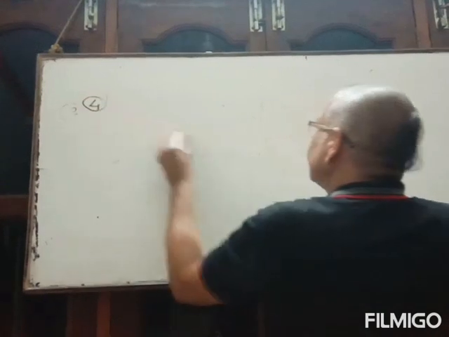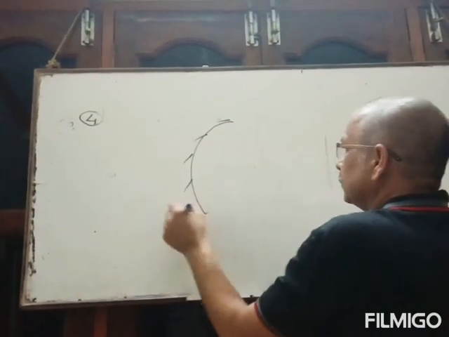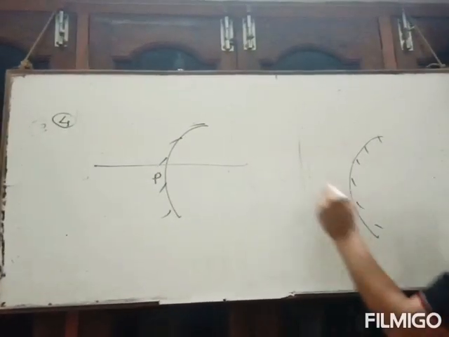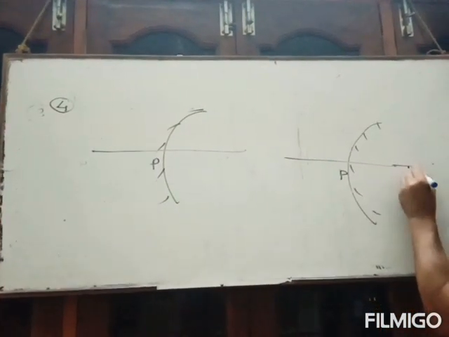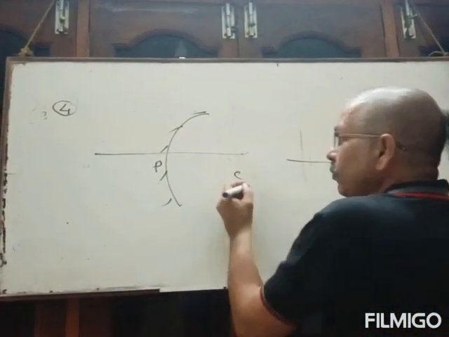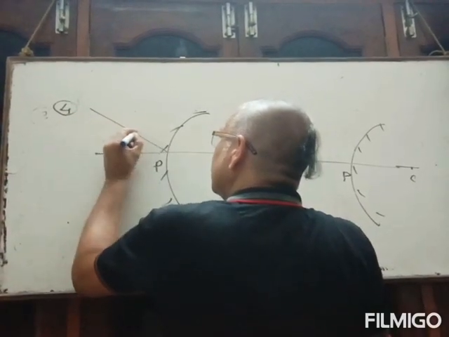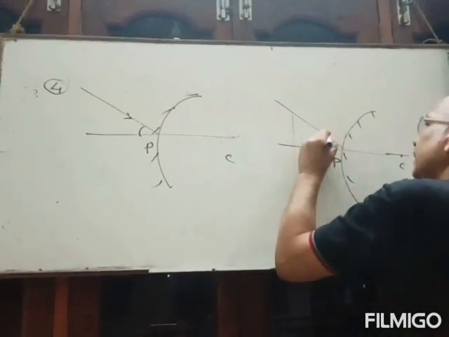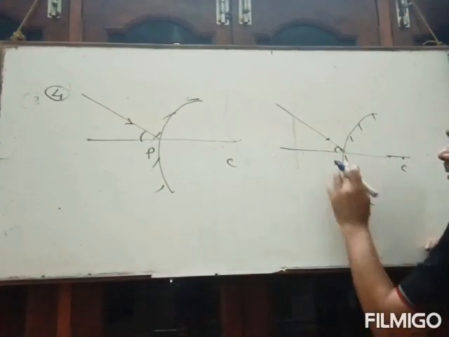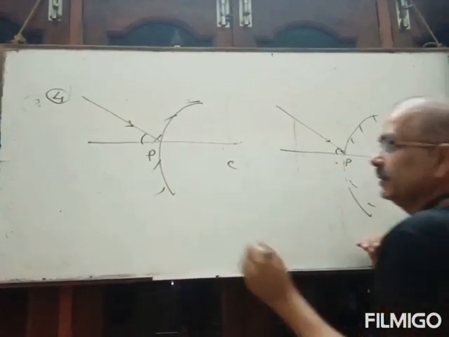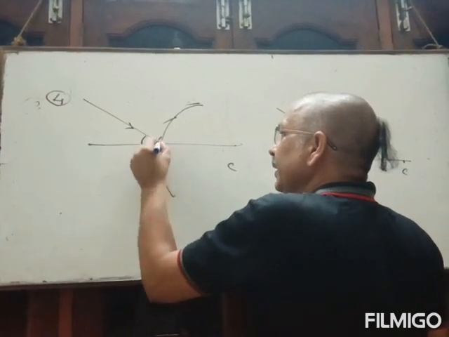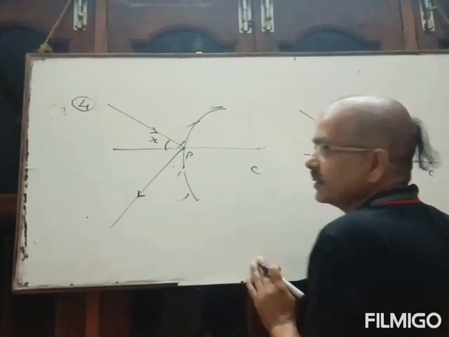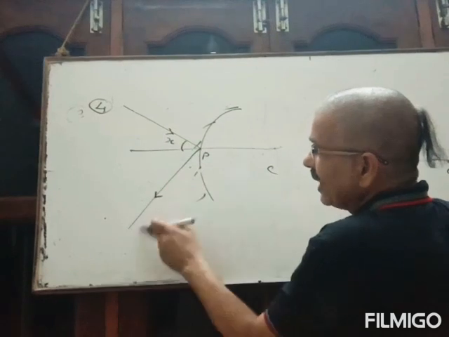Fourth and last point. It is concave, this is the pole; it is convex, the pole, and here the center of curvature. Suppose light is incident directly at the pole by making an angle from the principal axis. Then after reflection, it will move in such a way that the angle between the incident ray and the principal axis is equal to the angle between the reflected ray and the principal axis.